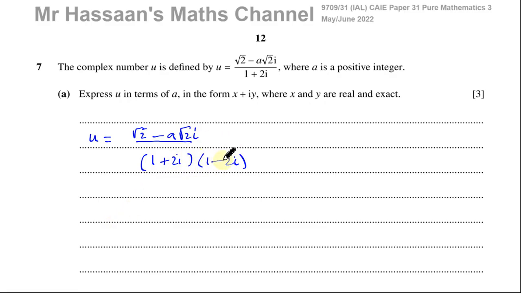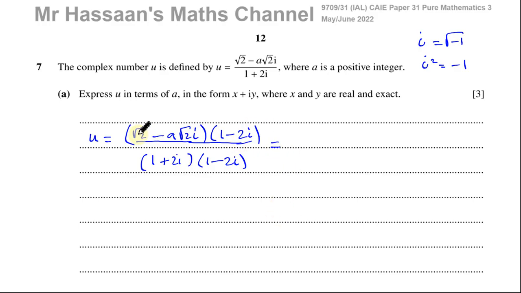Then you have 2i times minus 2i, which gives you negative 4i squared. As i is defined as the square root of negative 1, i squared is equal to negative 1, so the i squared will be replaced by minus 1 and there will be no i term left. But whatever we do to the denominator, we must do exactly the same thing to the numerator. So I must also multiply that by 1 minus 2i, and that will give us our answer.